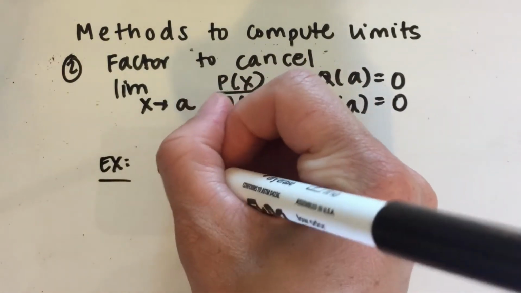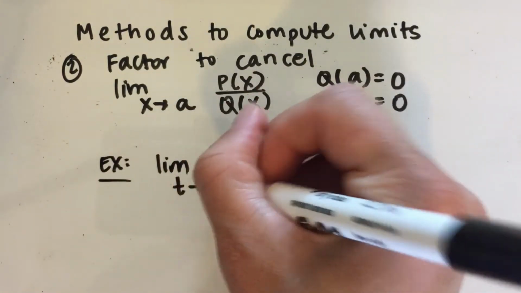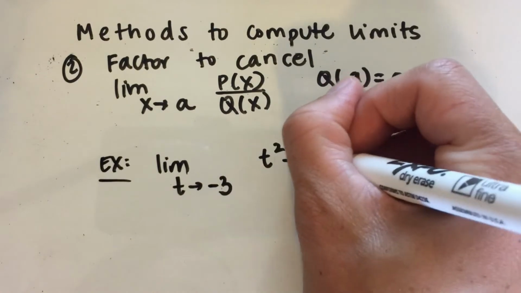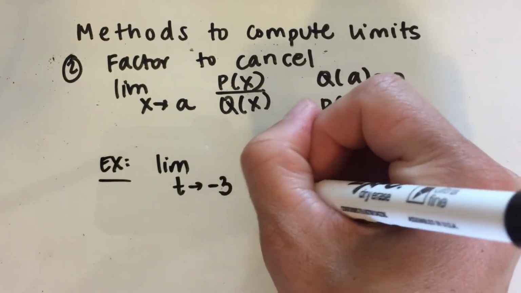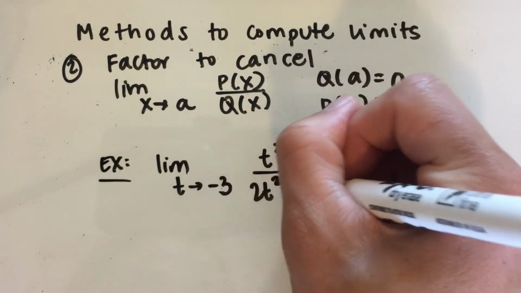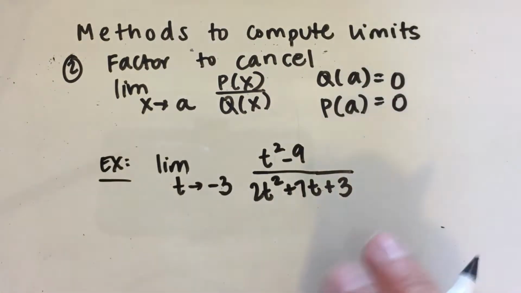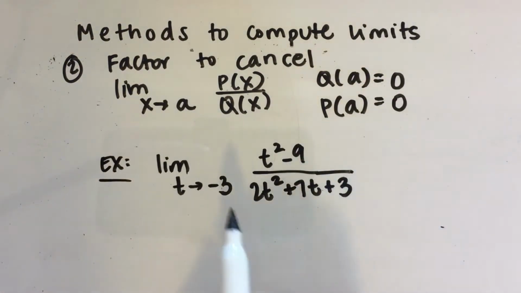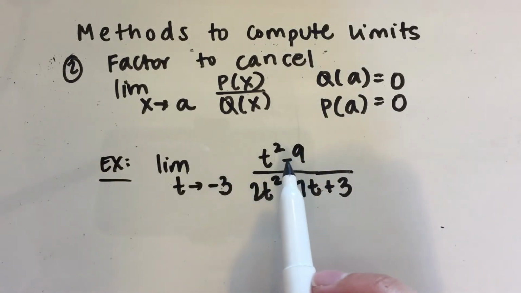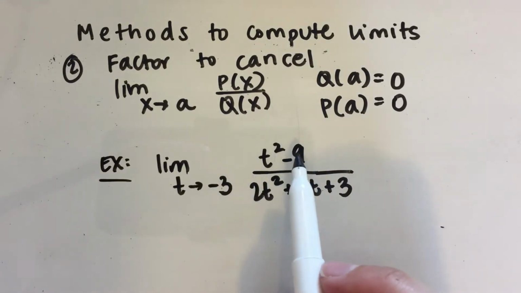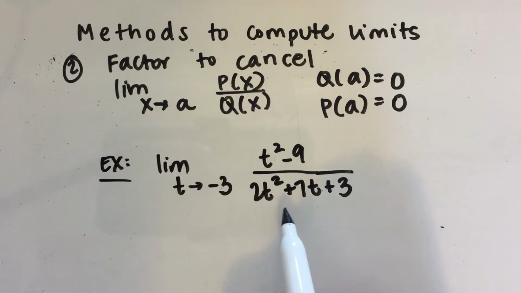So I have the limit as t goes to negative 3 of t squared minus 9 over 2t squared plus 7t plus 3. Here we can see that if we plug in negative 3 to the top, we're going to get 0. And if we plug in negative 3 to the denominator, we will also get 0.